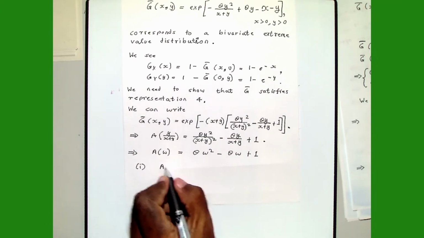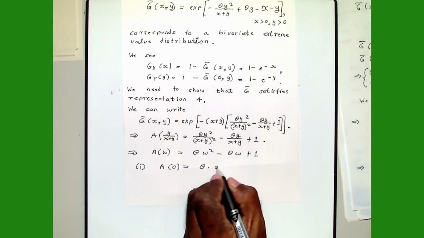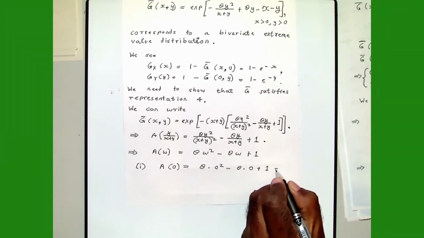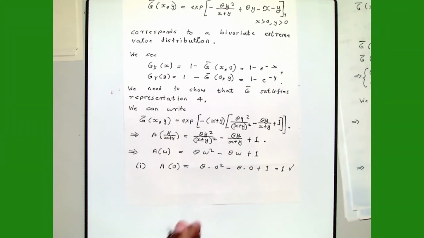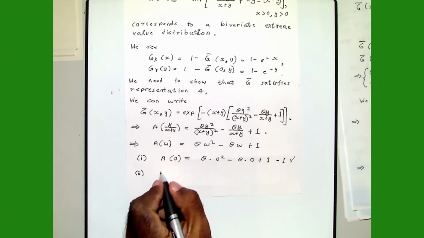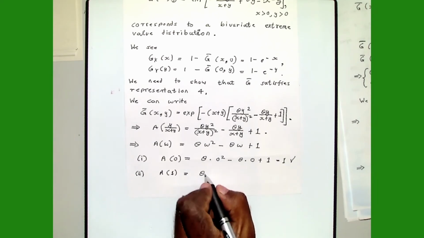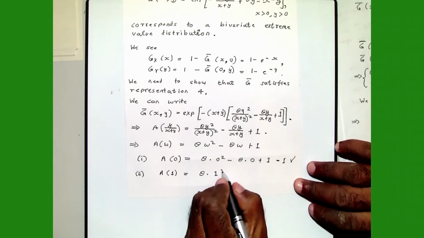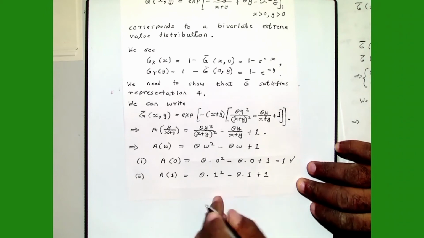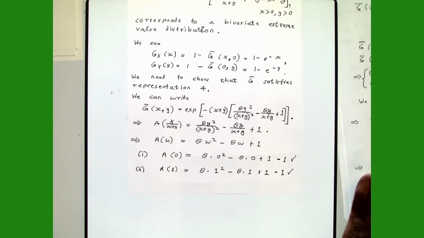A of 0, which is theta times 0 squared minus theta times 0 plus 1, is equal to 1. So condition 1 is satisfied. Condition 2: A at 1 is theta times 1 squared minus theta times 1 plus 1, which is also equal to 1. So condition 2 is satisfied.